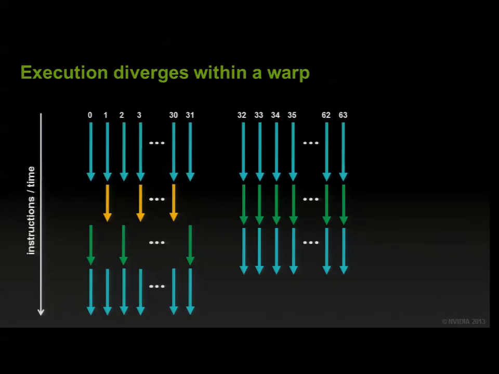So what you learn from this is that it's not fundamentally wrong to have conditionals in your code, but you want to make sure that at the warp level, 32 threads, they make the same decision whenever you come to a conditional. And it doesn't need to be absolutely the same decision, right? It's just, if you have a chance of ordering your threads in such a way that you have a high likelihood that they will do the same decision, you're going to be less likely hurt by the cost of both the true and the false part.